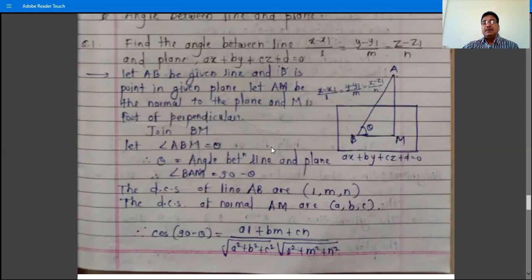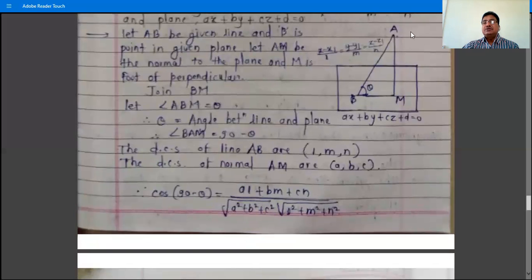Then join BM, and suppose this angle ABM is theta. Therefore this theta becomes the angle between line and plane, and now we have to find the value of theta, that is the angle between line and plane.